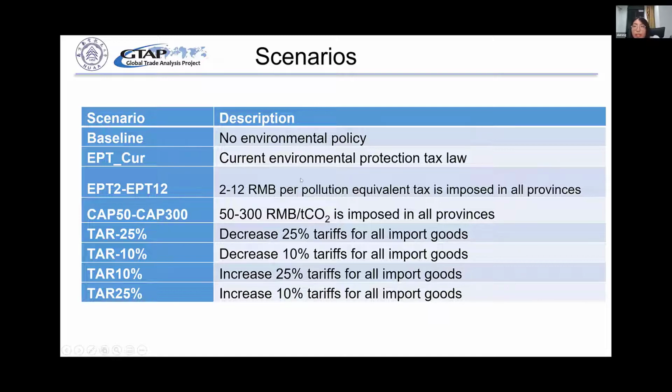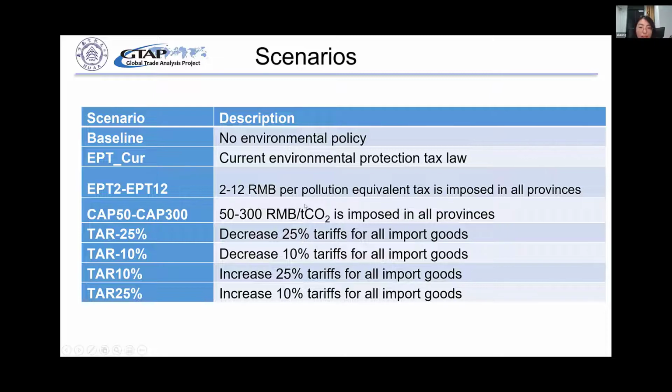To enable a meaningful scenario, we set the environmental protection tax from 2 RMB per pollution equivalent to 12 RMB per pollution equivalent, and the carbon pricing from 50 RMB per ton carbon dioxide to 300 RMB per ton carbon dioxide.